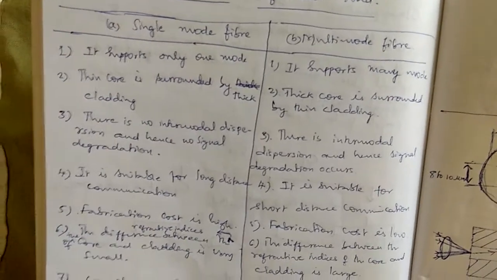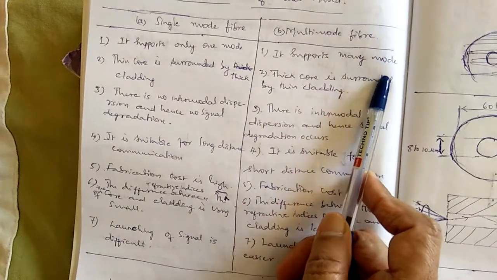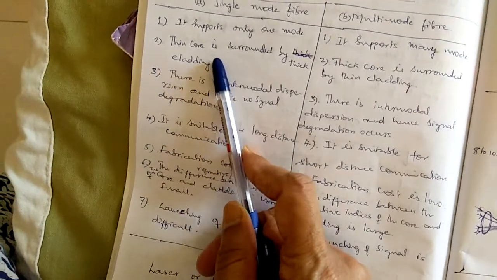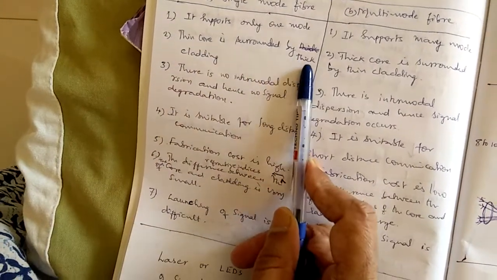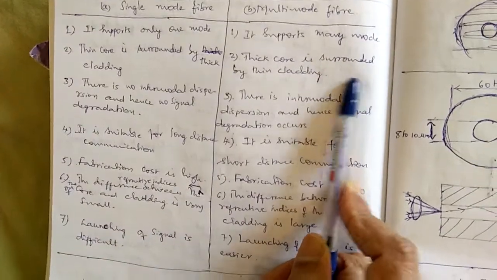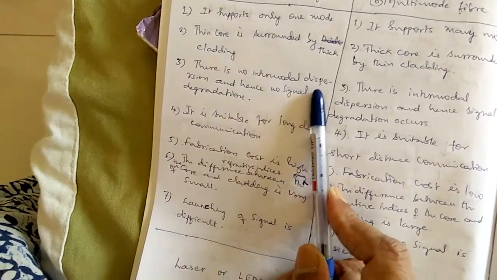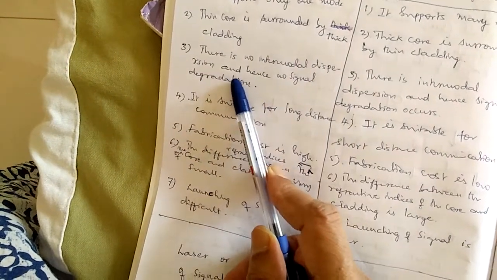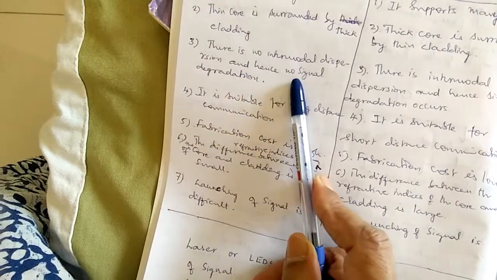Single mode supports only one mode and multi-mode supports many modes. In single mode, a thin core is surrounded by thick cladding. Here, a thick core is surrounded by thin cladding. There is no intermodal dispersion because only a single mode is allowed, so intermodal dispersion is absent and hence no signal degradation.